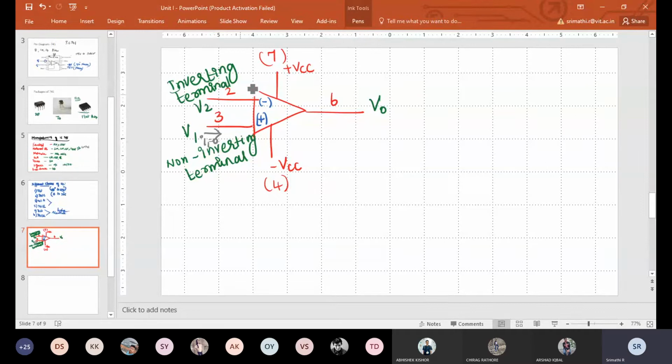I1 is equal to 0. I'll tell you why it is 0. And this is I2. I2 is also equal to 0. And this differential potential V1 minus V2 is said to be VD. That is also equal to 0.